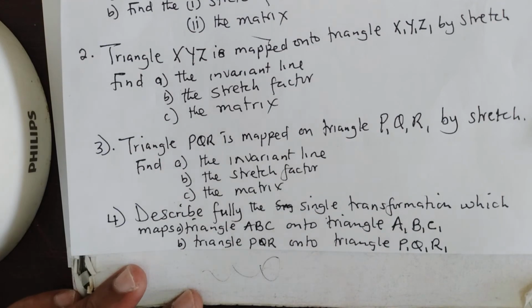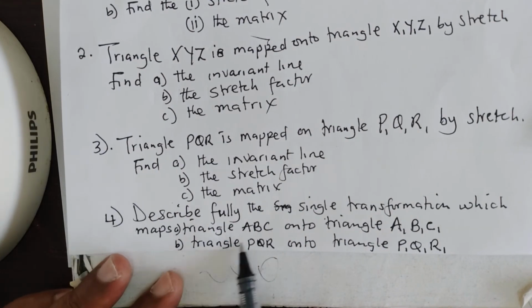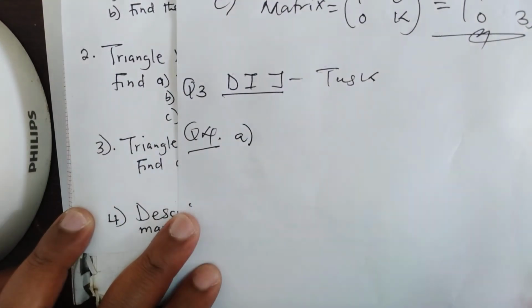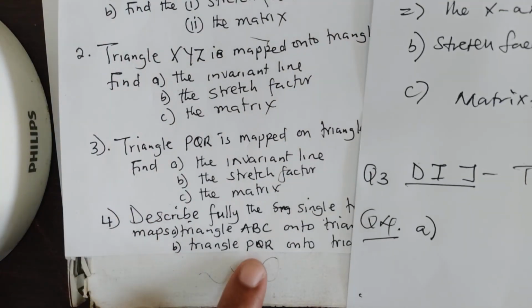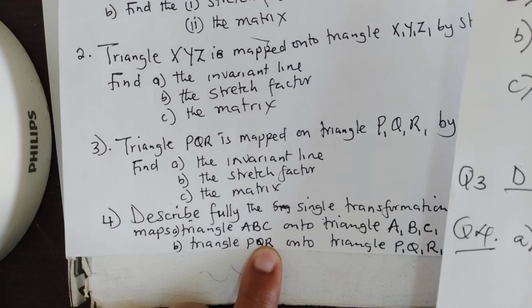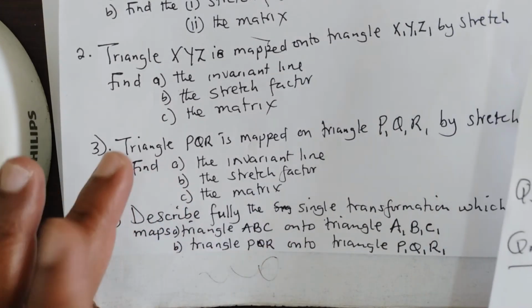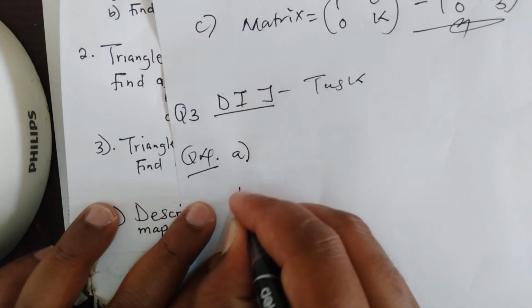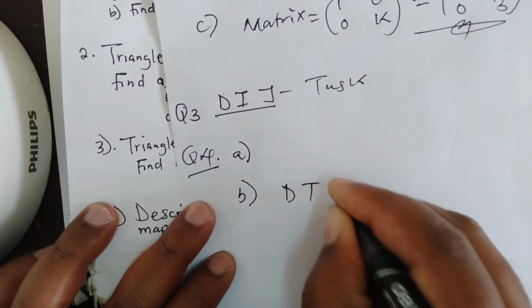What kind of transformation? So for 4, I'll do A. Since the second one is talking about PQR, which is the third one, this one you are going to finish. So maybe B, again, I'll say do it yourself.